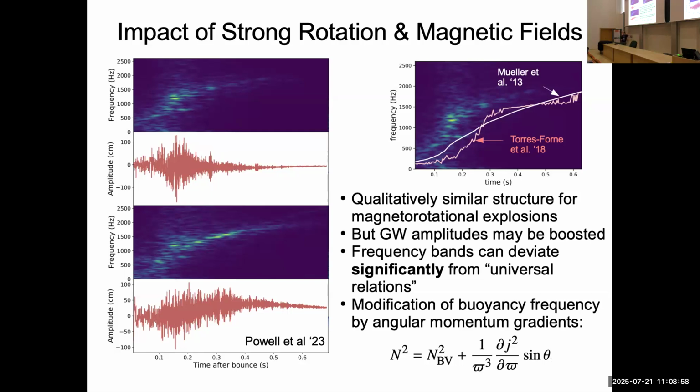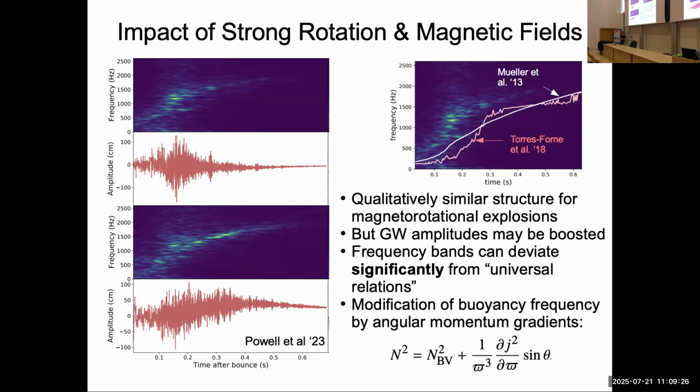But what we've seen in a few models is that if you have fast rotation, you will have to be careful about mode relations and mode frequencies for this high frequency signal because they will be skewed. This is simply a fact that if you have strong angular momentum gradients, they will modify the typical frequencies for buoyancy-driven oscillations.